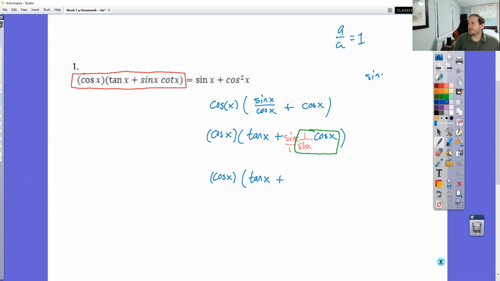If you had sine over sine, that's 1. So you're multiplying by a special form of 1 to sort of alter this expression. And so we see now that we have a factor of sine x, and it's getting multiplied by a factor of cotangent. So we did it. We made these sides match.